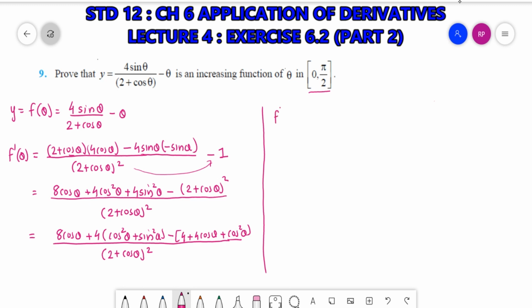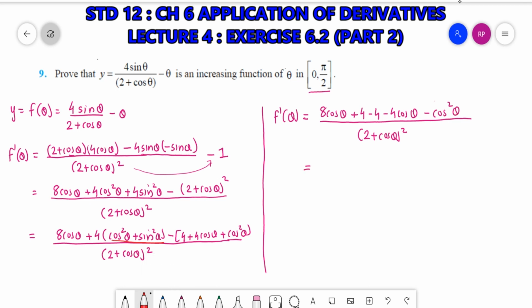Okay, so f dash theta will be equal to, denominator, 2 plus cos theta whole square. Now 8 cos theta as it is, plus, see, cos square theta plus sin square theta is equal to 1. So 4 into 1, 4, minus 4, minus plus minus 4 cos theta, minus plus minus cos square theta. So here 4 will cancel.